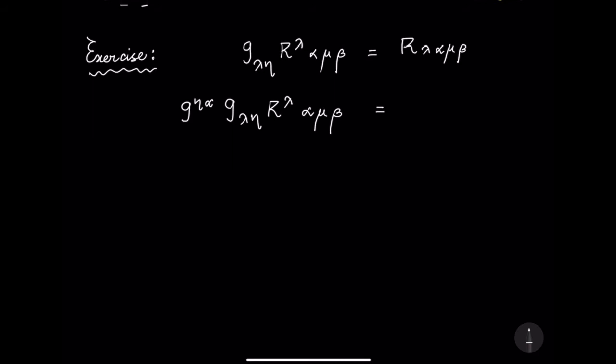This equals g eta alpha R lambda alpha mu beta. So let's see what we have here. If I look at these two g's, it's essentially a Kronecker delta.